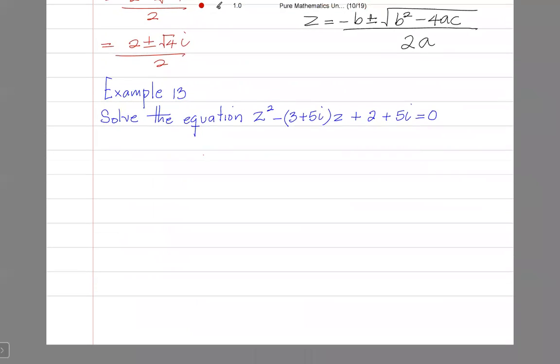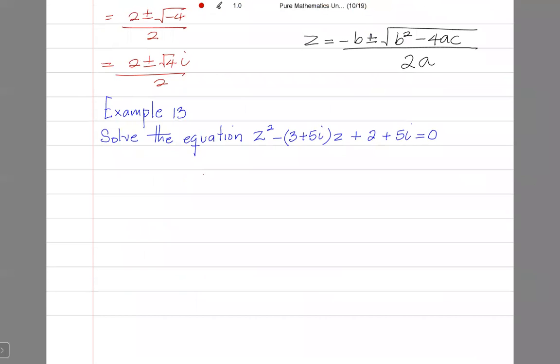All right, so we need to solve this using the quadratic formula, because this is a quadratic equation. z would be equal to minus b, but b would be the coefficient of z, which is minus, into 3 plus 5i. So that's minus b plus or minus the square root of b squared.